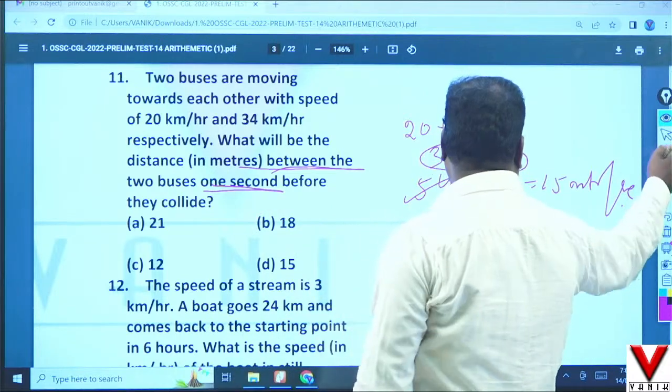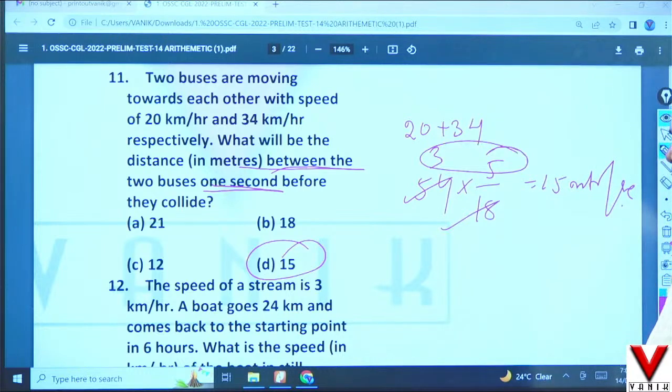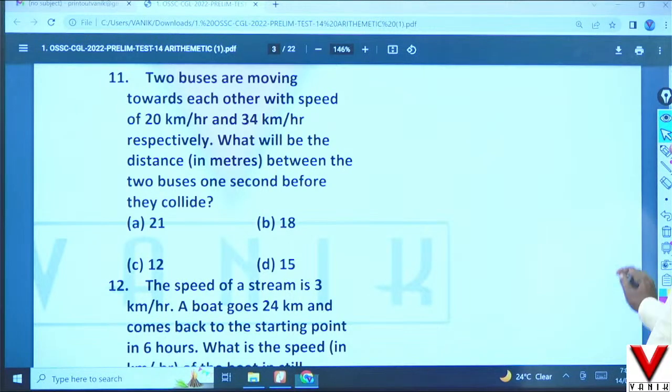In 1 second, they cover in the opposite direction how much distance? That is 15 meters. Clear? 15 meter. Come to the next number, question number 12.